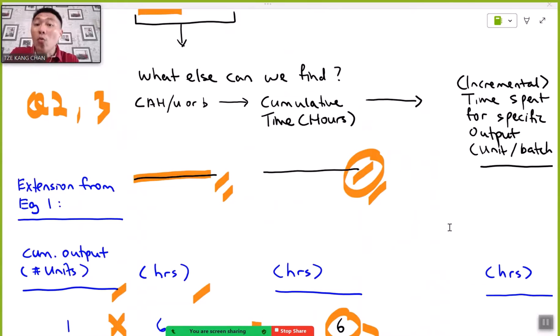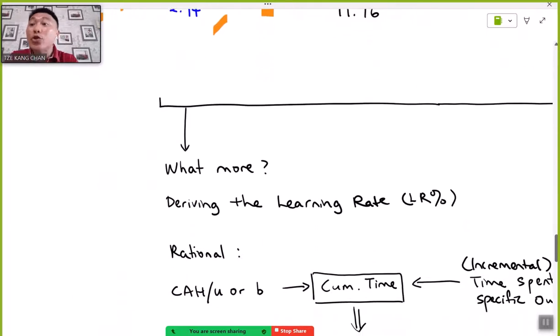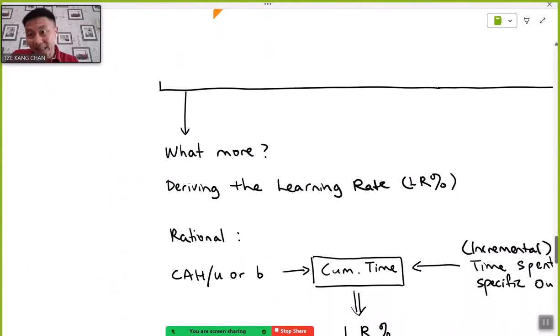Guys, once we manage to find the three sets of numbers at this point, what more can the exam questions be testing? Here come two additional tasks that will be tested in performance management. Question 4.